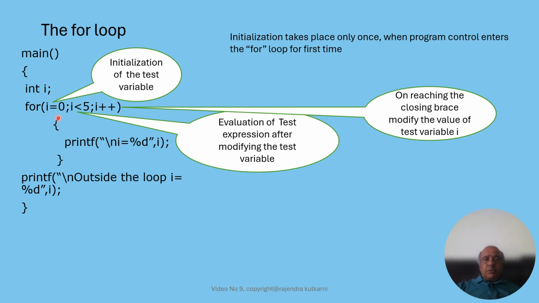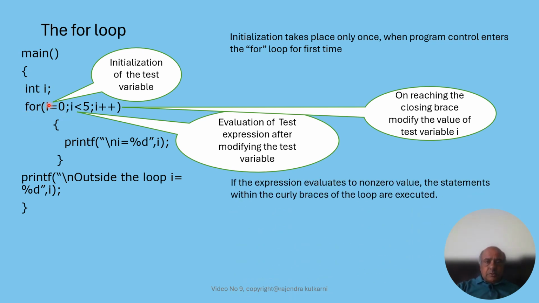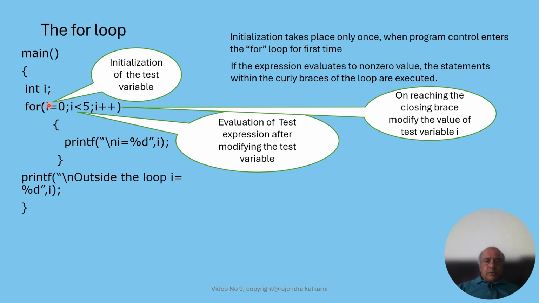Initialization, i is equal to 0, executes only once when the program enters the for loop. When the expression i less than 5, or any expression which we put here in the loop, in this case i less than 5, is non-zero, the statements within the curly braces will get executed.